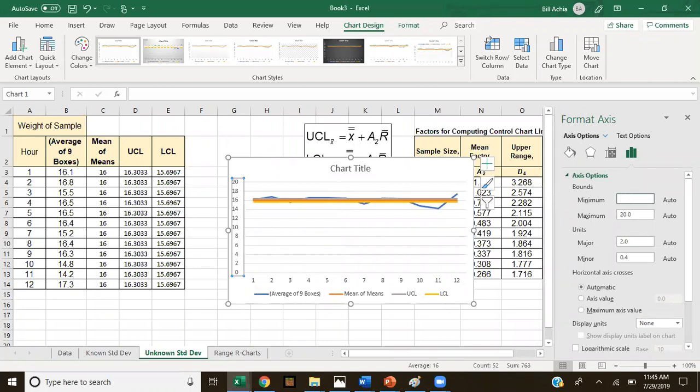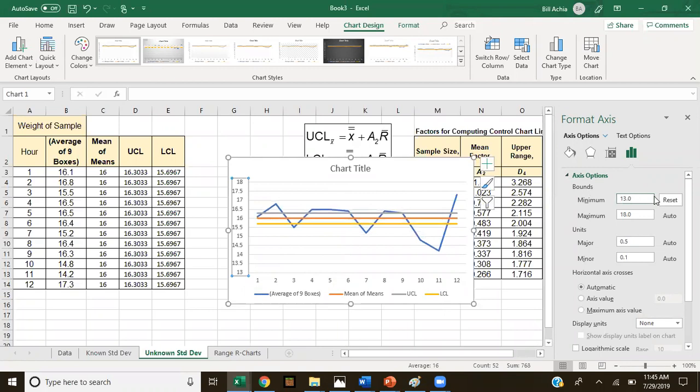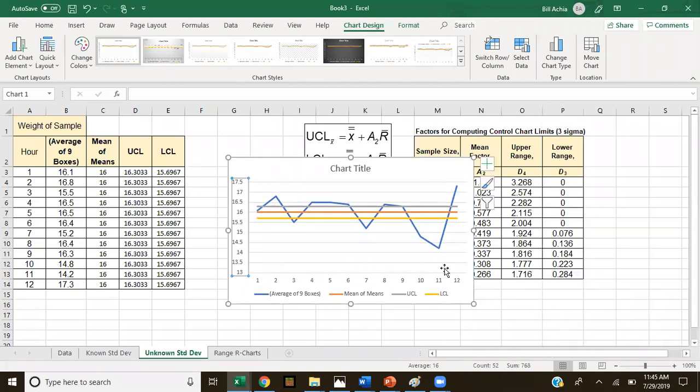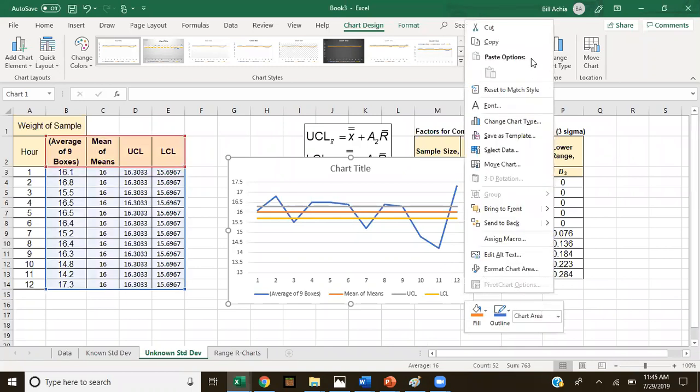I'll try 15. No, that's too high. Let's put a 13. Actually, let's put this as 15.5.